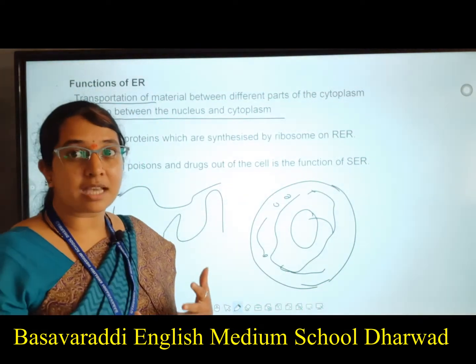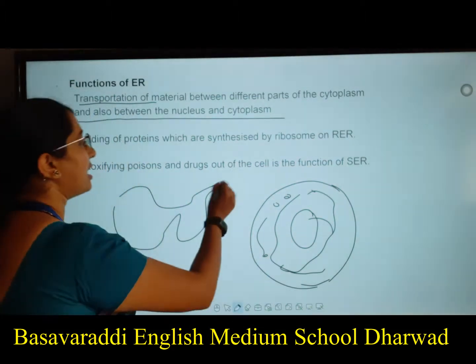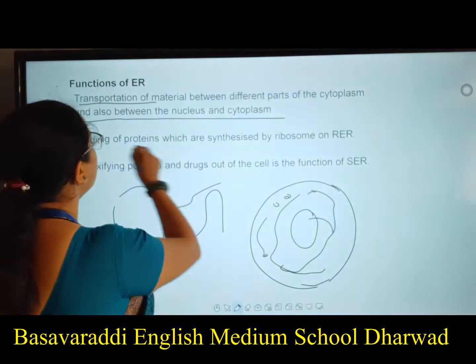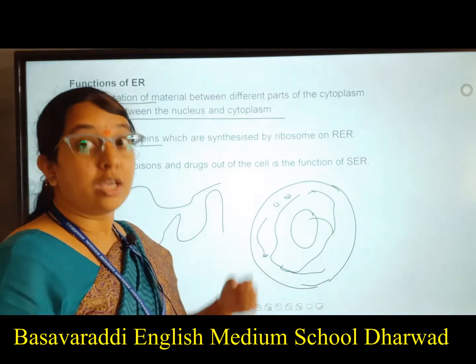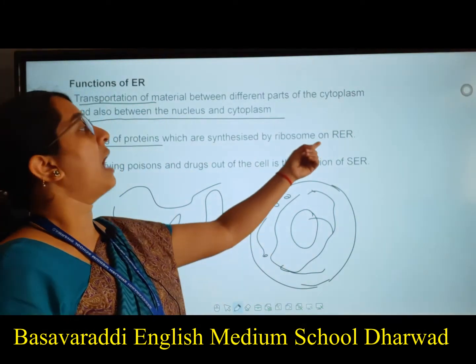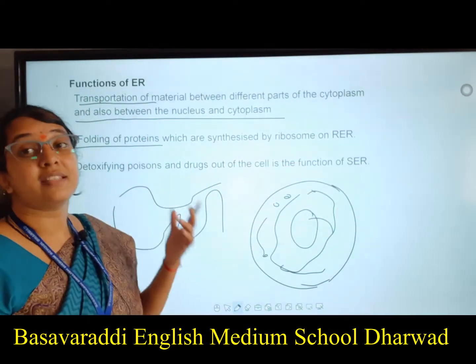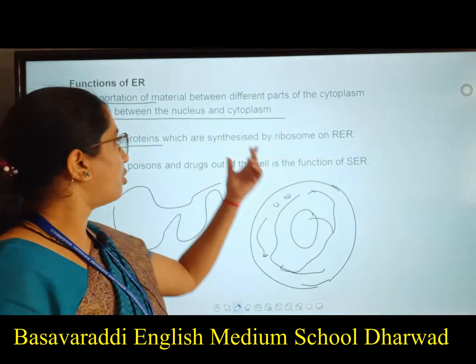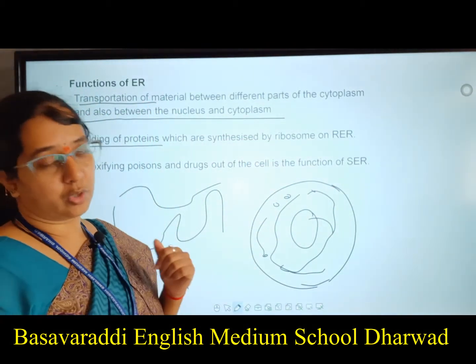It is being synthesized, but to get it in a usable form, it has to undergo folding. That happens in the RER, where ribosomes synthesize these proteins, so the ER is involved in folding of proteins.